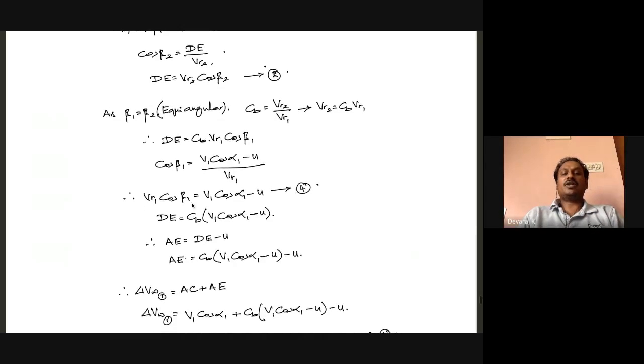So I'm substituting for dE. Wherever I have VR1 cos beta 1, I'll substitute in terms of alpha 1. So dE will be equal to CB into (V1 cos alpha 1 minus u). Then what is my AE?